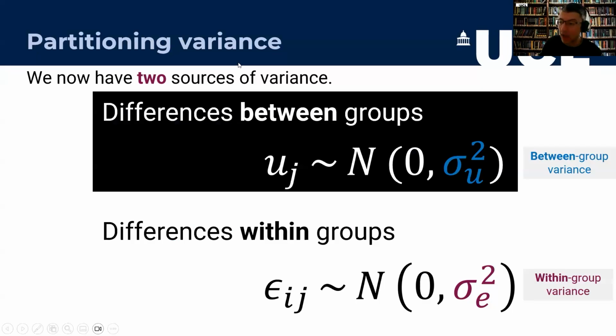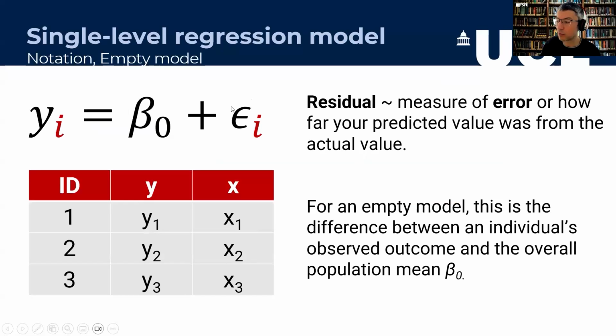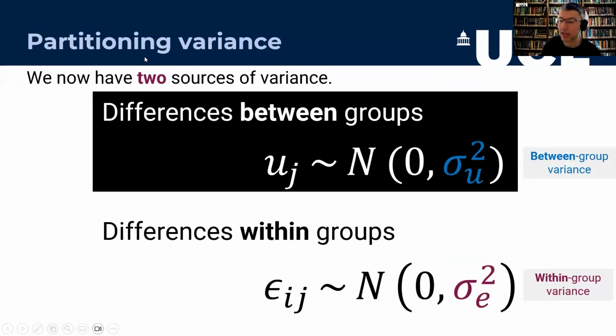So we can now partition the variance into two sources. If you remember, in the simple model we only had one residual element here, whereas when we have grouping, this bit here can be split into two sources of variance.